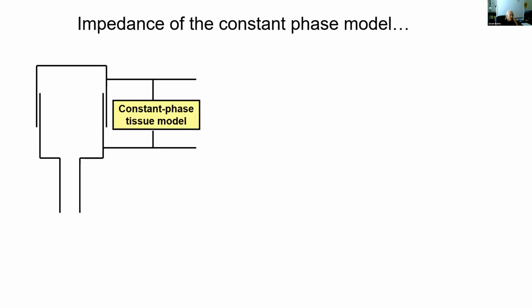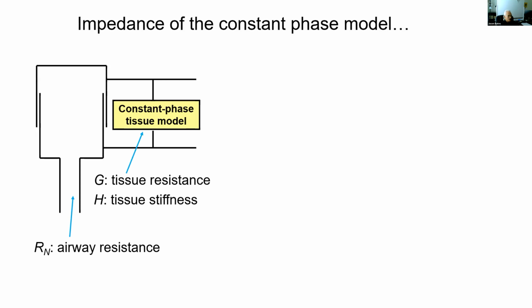Now, the model that we use to characterize mouse impedance between 1 and 20 hertz is a little bit different to the one I just showed you. It was put on the map about, again, 25, 30 years ago by a Hungarian biomedical engineer, Zoltán Hantos. And again, we assume a uniformly ventilated lung with an airway resistance.